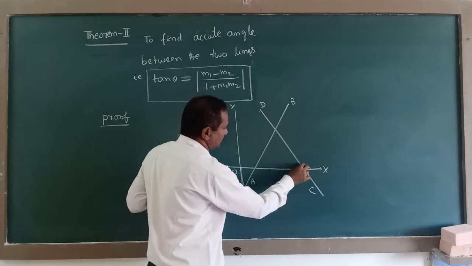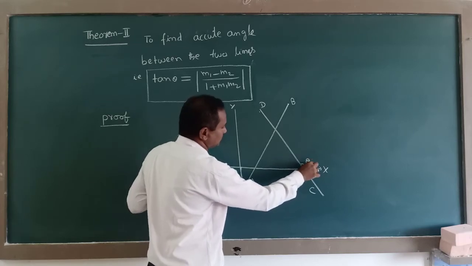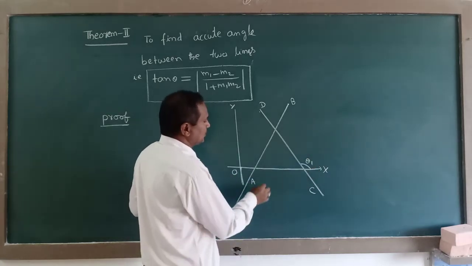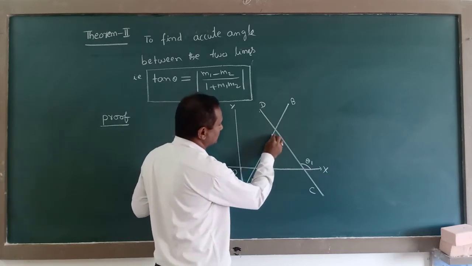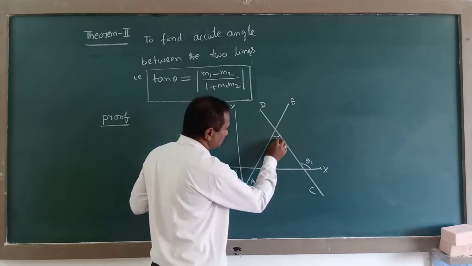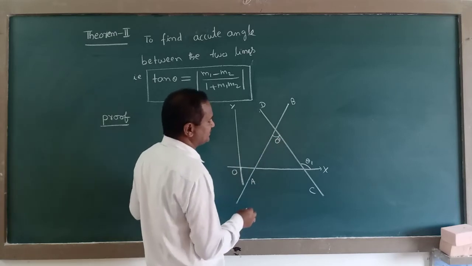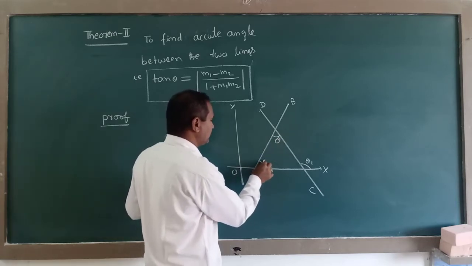It is theta 1, and one more is here, the angle between the two lines is theta, and here theta 2 is there.